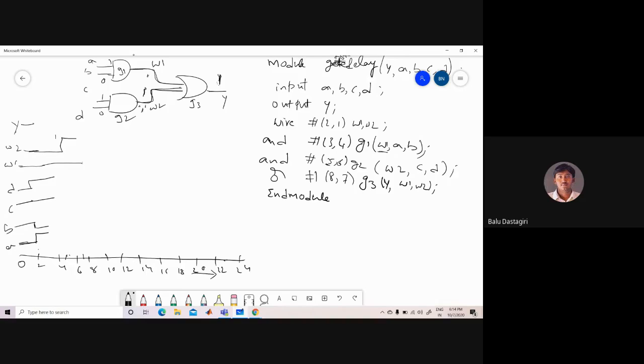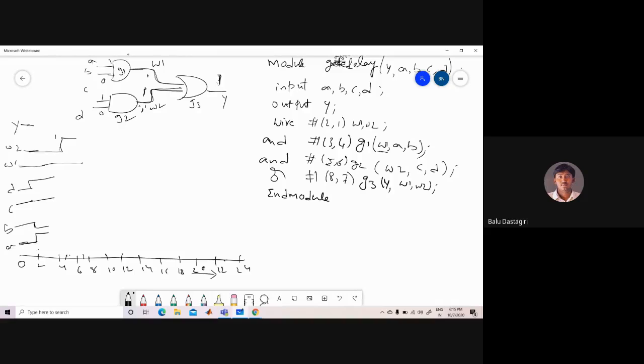So Y will not go to 1 immediately at 2 time units. It takes all the delays here. W2 has become 1 at 5 time units.